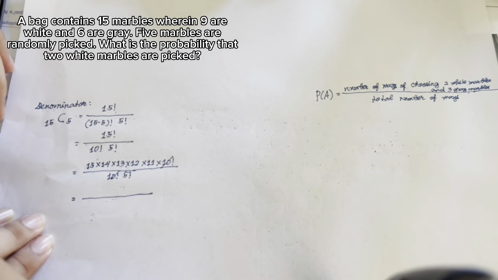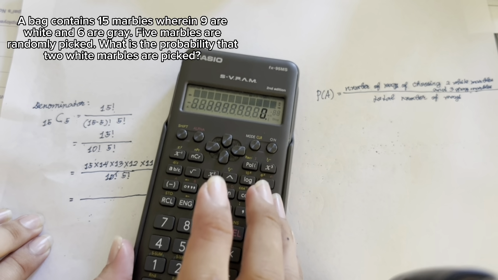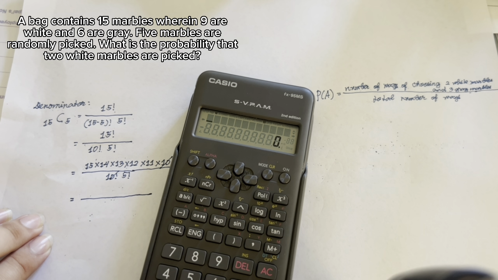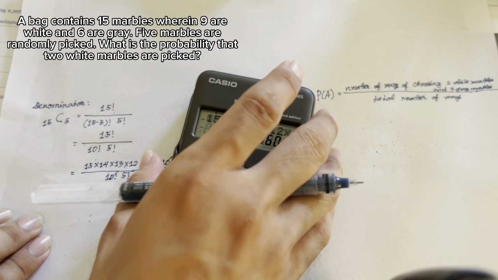Then let's simplify using our calculator. So we have 15 times 14 times 13 times 12 times 11. The answer is 360,360.